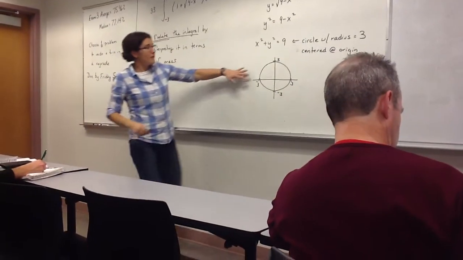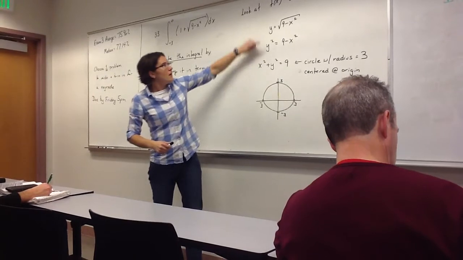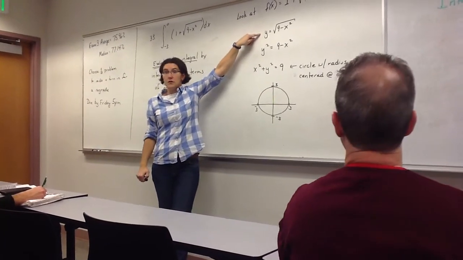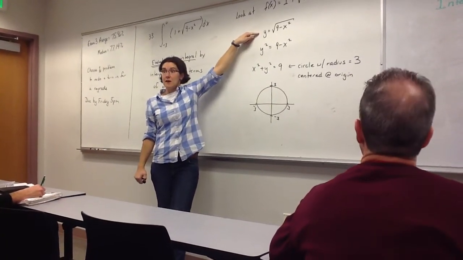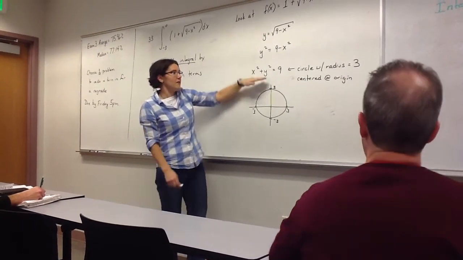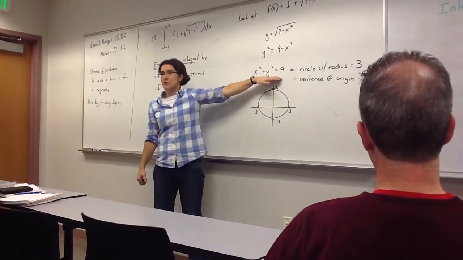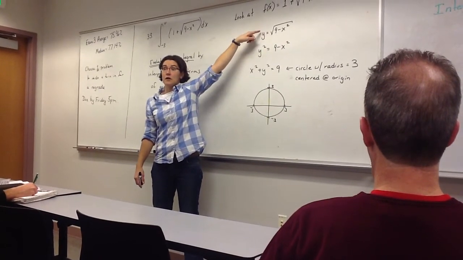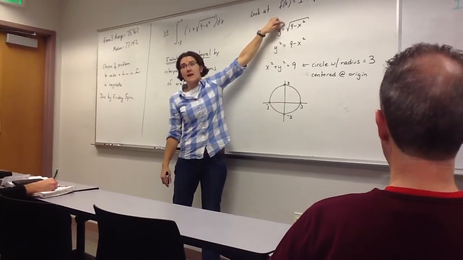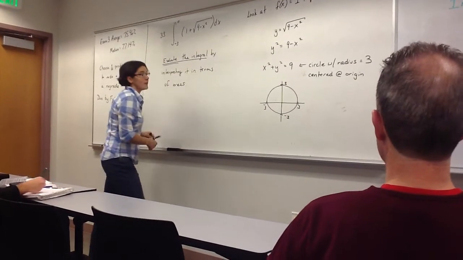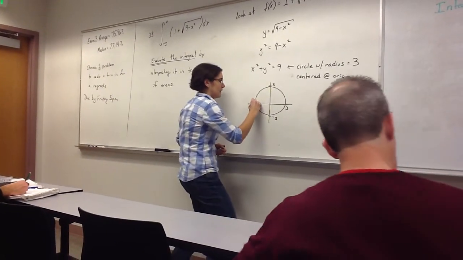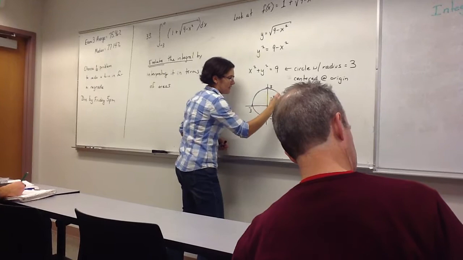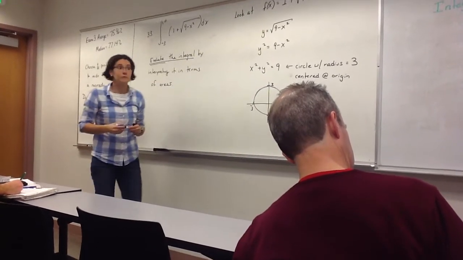Now, originally we started with y is equal to the positive square root of 9 minus x squared. If I'd started with x squared plus y squared equals 9 and solved for y, I would have a plus or minus square root. Because this only has the positive square root, we're only looking at the top half of this circle.